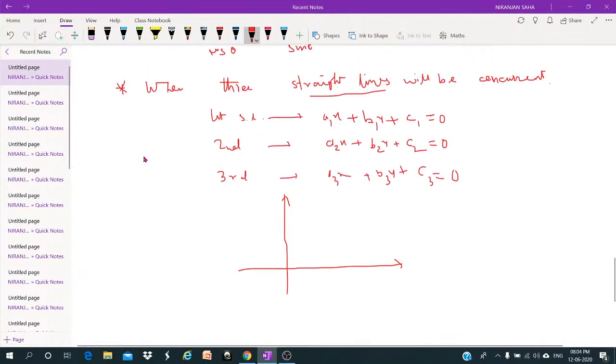So we used to find out the condition. What condition is required to be concurrent? Find out the condition of concurrence.